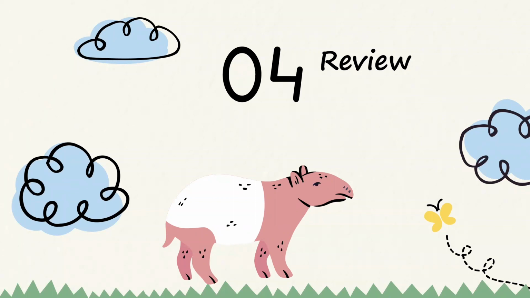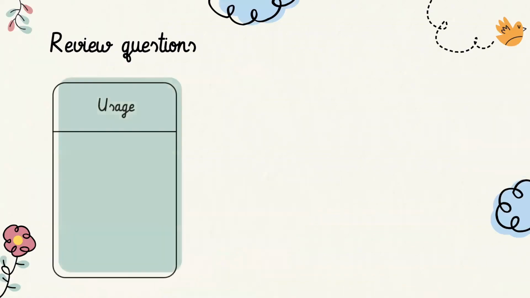Before we finish the lesson today, let's review to check if you have learned these measure words properly or not. Let's see the first one. When should we use the measure word? Yes, when we want to describe or indicate quantities, we use measure words. And where should we place the measure word in Mandarin Chinese?